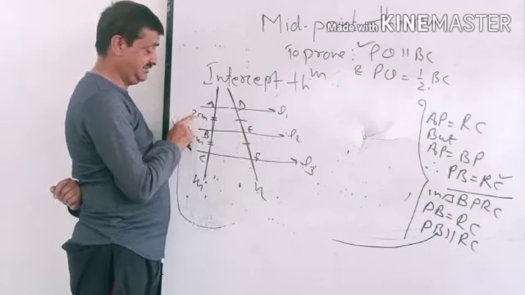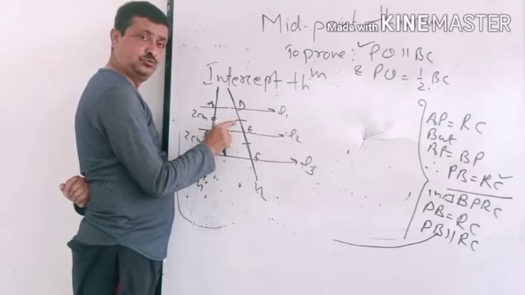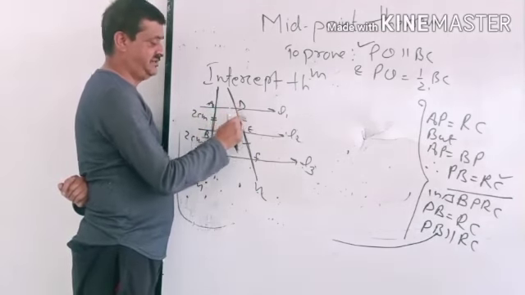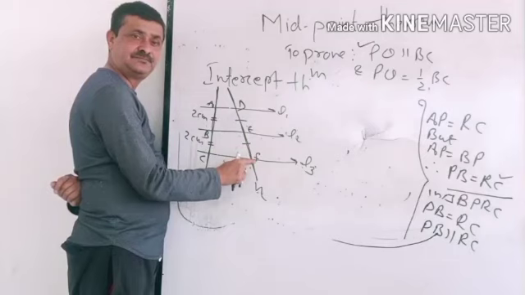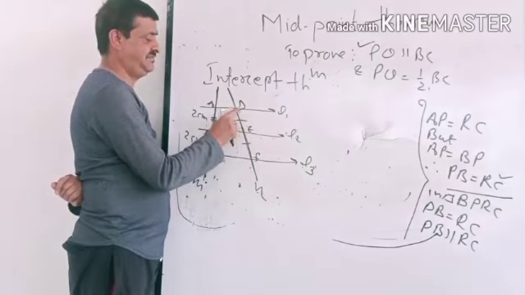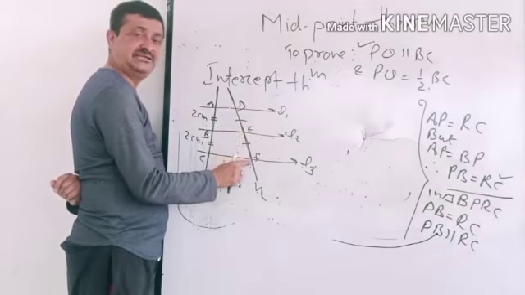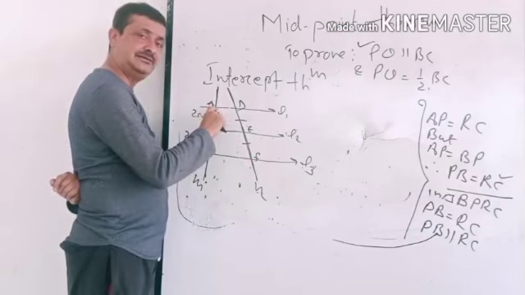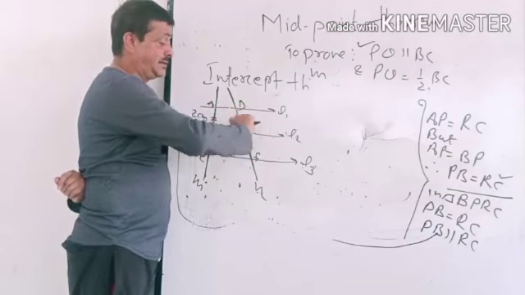It doesn't mean that if it is 2 centimeter, it is 2. It means that if it is 5, it will be 5. It means that if it is 1 centimeter, this will also be 1 centimeter. Not equal to the other transversal's intercepts, but equal among themselves.